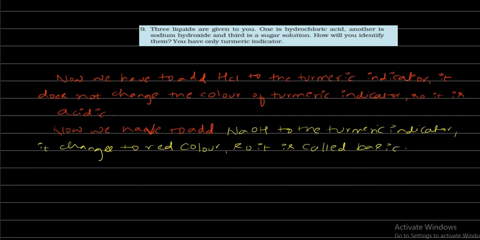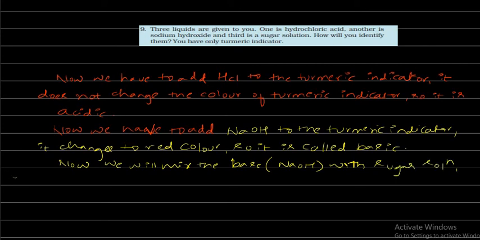What I will do now, we will mix the base, that is NaOH, with sugar solution, and that solution we will add to the turmeric indicator.